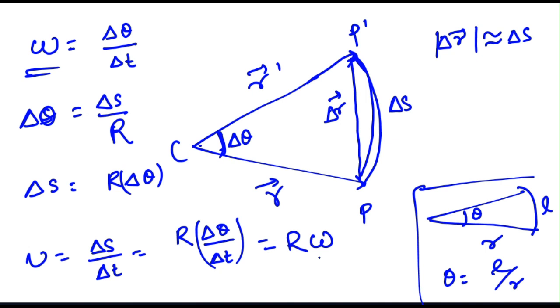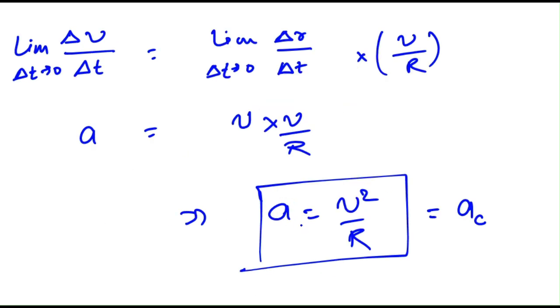We can discuss the direction later, because angular velocity and linear velocity are vector quantities, so there should be vector notation, but we will discuss those things later. So V equals R into omega. Now we have connected this linear velocity with the angular velocity, and we can carry forward the same thing to acceleration.